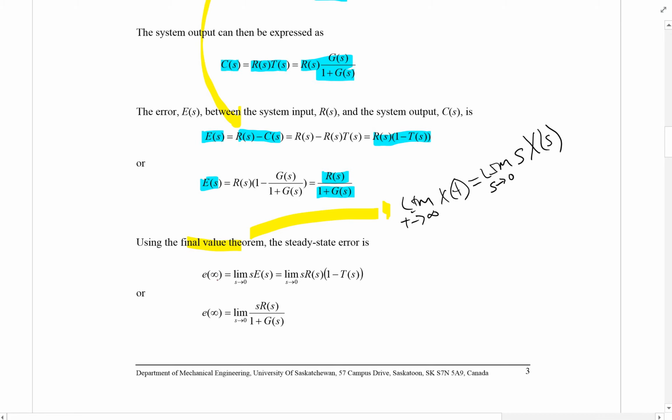So we look at our final value theorem and substitute that in, and what we end up with then is this equation where the error at time equal to infinity is equal to the limit as s goes to 0 of s times the input divided by 1 plus G(s).